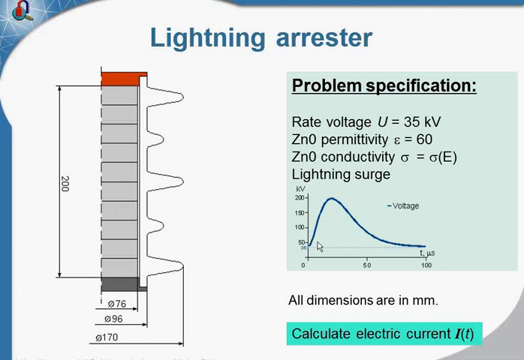The lightning pulse has 20 microseconds long rising front and fades in 18 microseconds. The pulse peak voltage is 200 kilovolts.